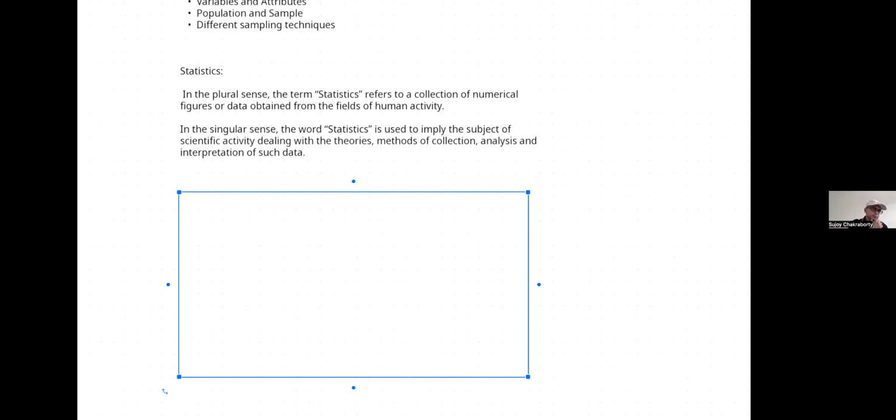So the second limitation is that statistics can analyze only collective matters and not individual events, right? Typically we collect a set of observations, and based on that we do some analysis and make some conclusions or predictions, right? So we cannot make any prediction based on one single observation.